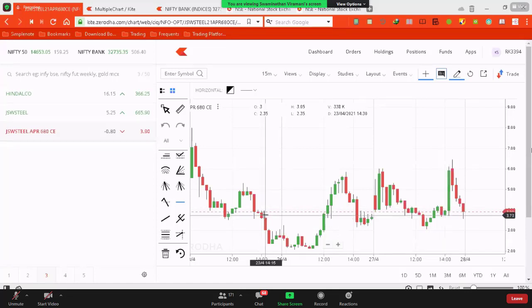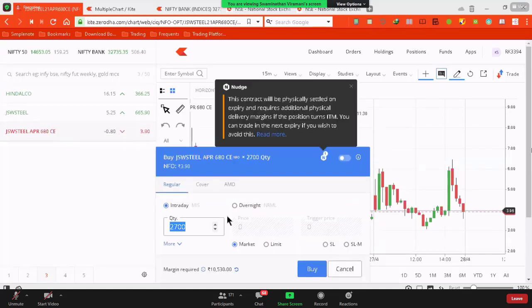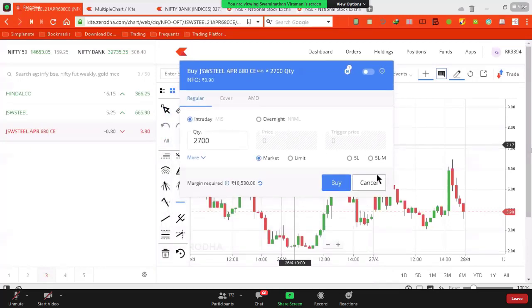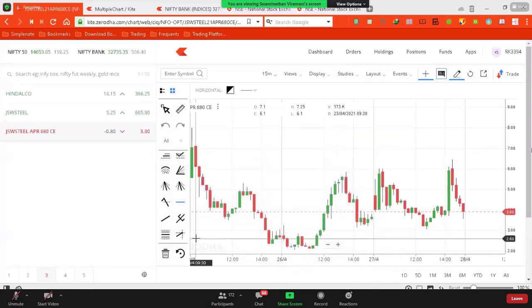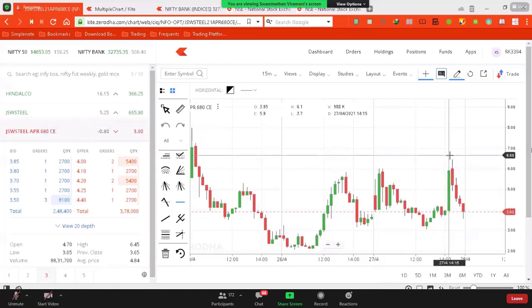Do you think I could exit at 6? For a lot size of 2,700, I would have made 2 rupees on 2,700 on this trade. All for what? About 1 hour or 1.5 hours of trading.